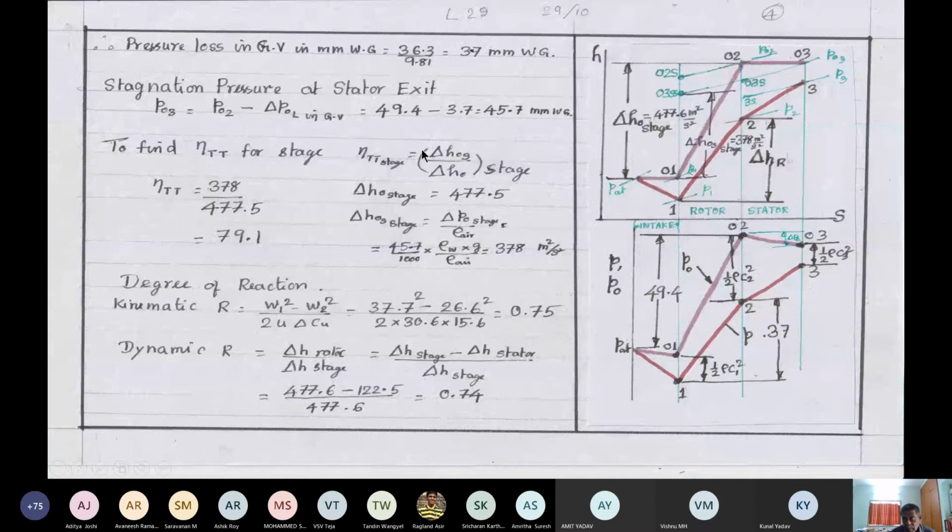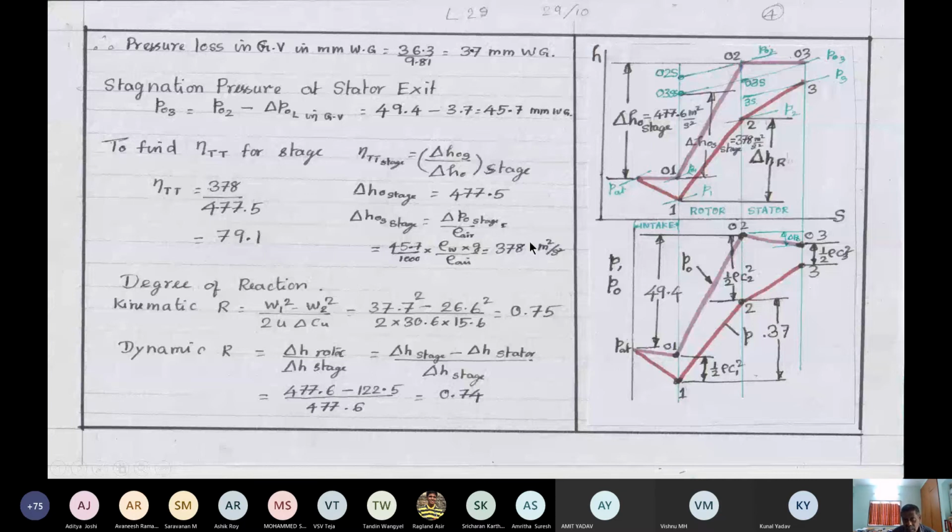The numerator is this height, that is P03 is there, same pressure, you extend the constant pressure line, it will cut the vertical line through N01. So N03 SS to N01, this height. So if you calculate, that comes to around 378. So that is what I have indicated here.